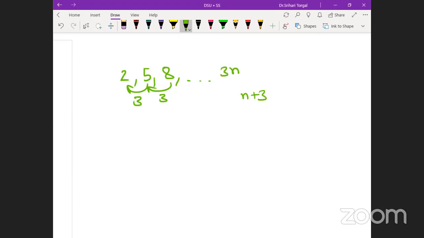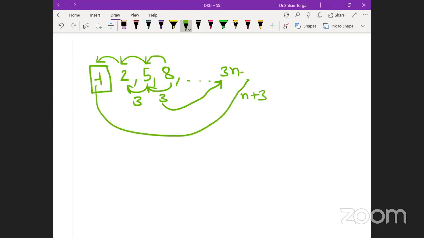Just write 3n. You write this difference and write down n. After that, you try to get this term. What is 5? 8 minus 3, 5. 5 minus 3, 2. 2 minus 3 is what? Minus 1, you will write. This will be your Tn.